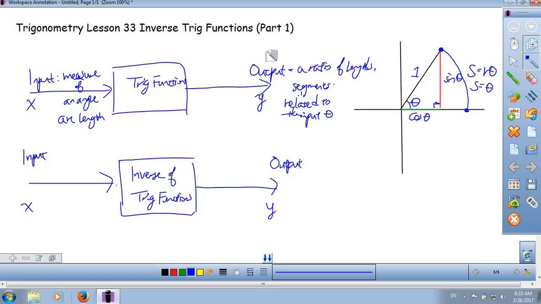That means the original output will become the new input. So the input of a trig function will be a ratio of segments, or just a segment length.